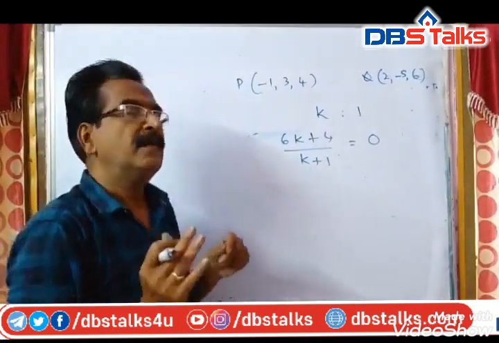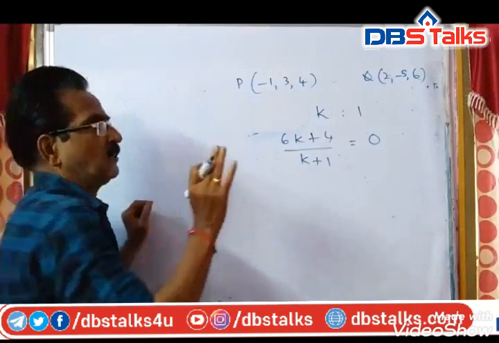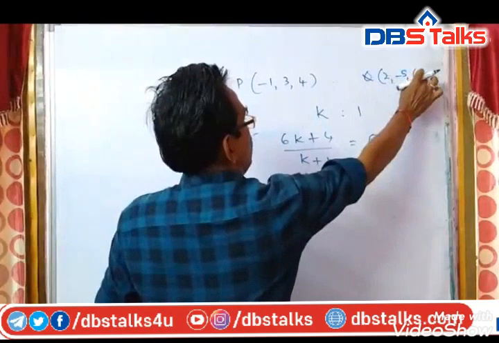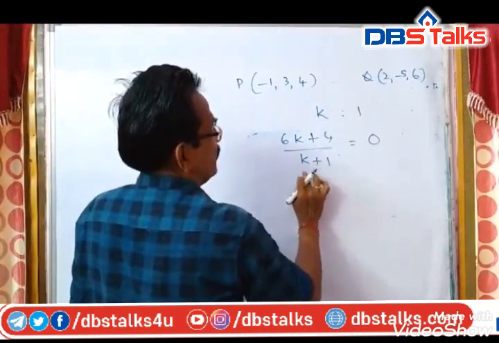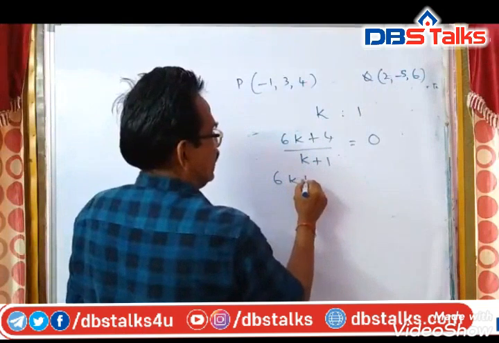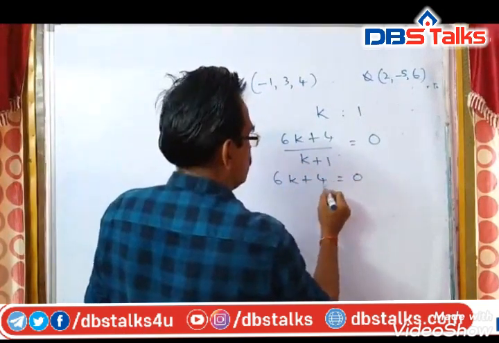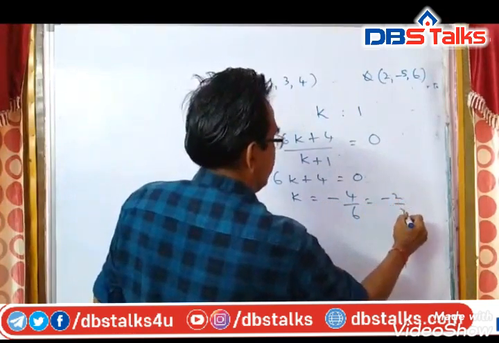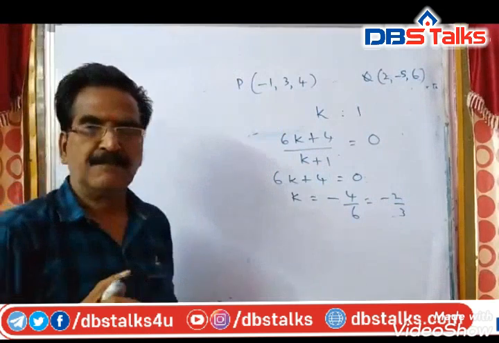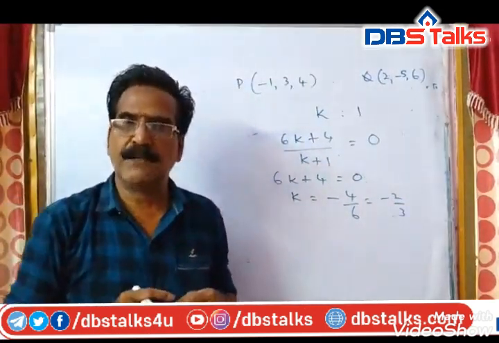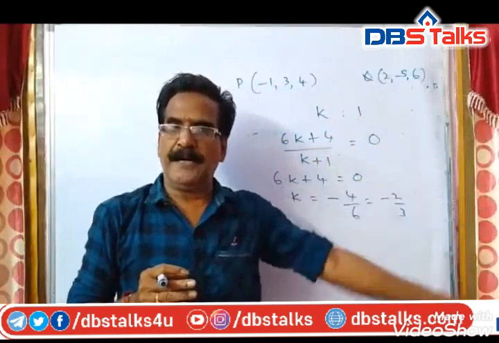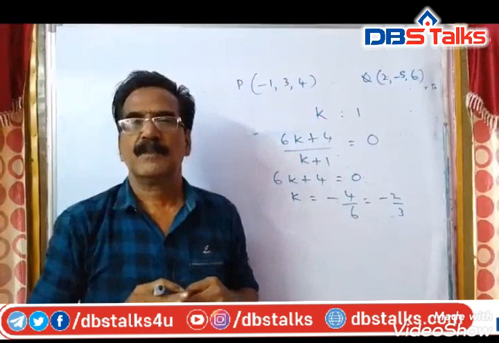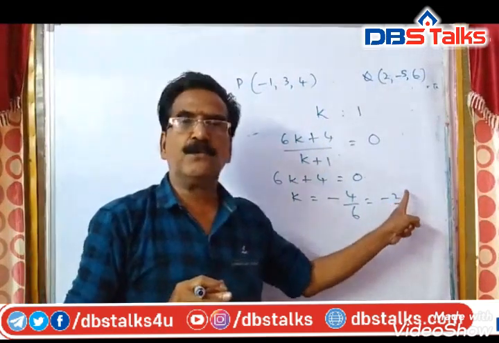Xy plane divides means just find the z coordinate. Just make the z coordinate 0. 6 into k plus 1 into 4 by k plus 1 is equal to 0. 6k plus 4 is equal to 0. K is equal to minus 4 by 6, minus 2 by 3. That is, the xy plane divides these 2 points externally in the ratio 2 is to 3.